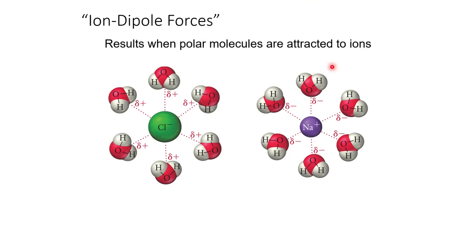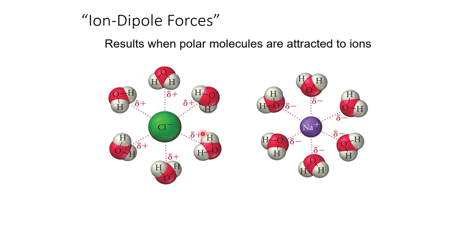So these are called ion dipole forces, and they result when polar molecules are attracted to ions. These are permanent dipoles that we're talking about. So when we say dipole, we mean permanent dipole, not the induced dipole van der Waals dispersion forces. So when you have an ion like chloride, you've got these partial positives of hydrogens interacting with it, surrounding it. So this is how salt dissolves in water.